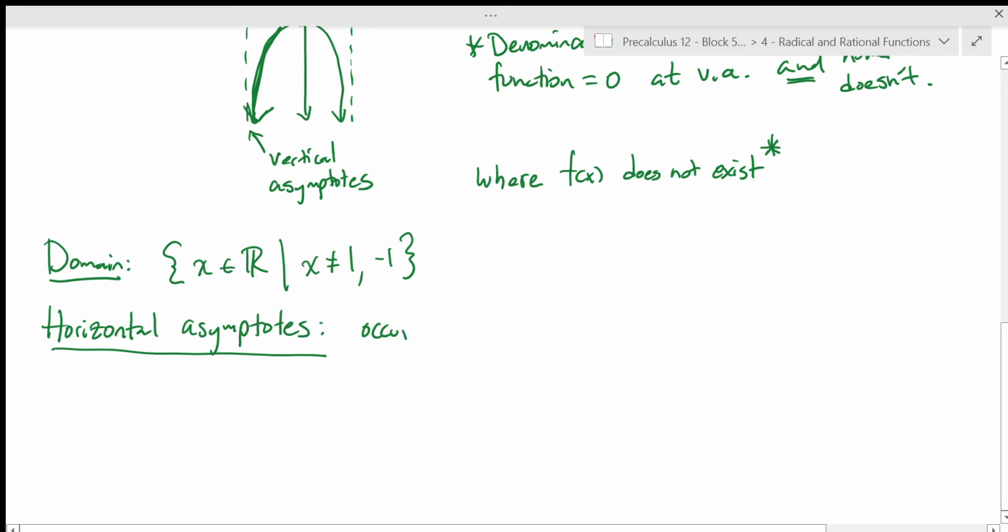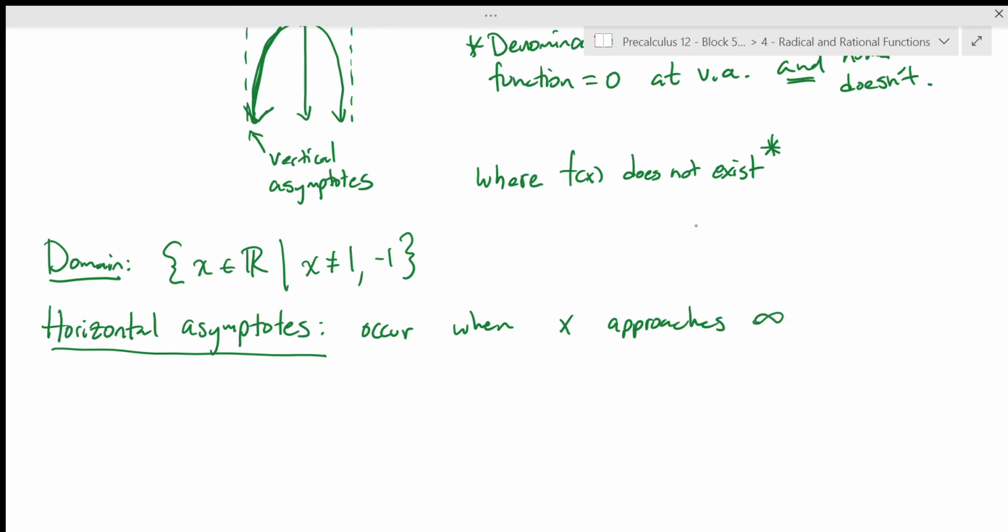So these occur when x approaches, it never actually will get to, positive infinity or negative infinity, and y approaches a particular value, rather than just getting bigger and smaller, or rather than going back and forth and back and forth.